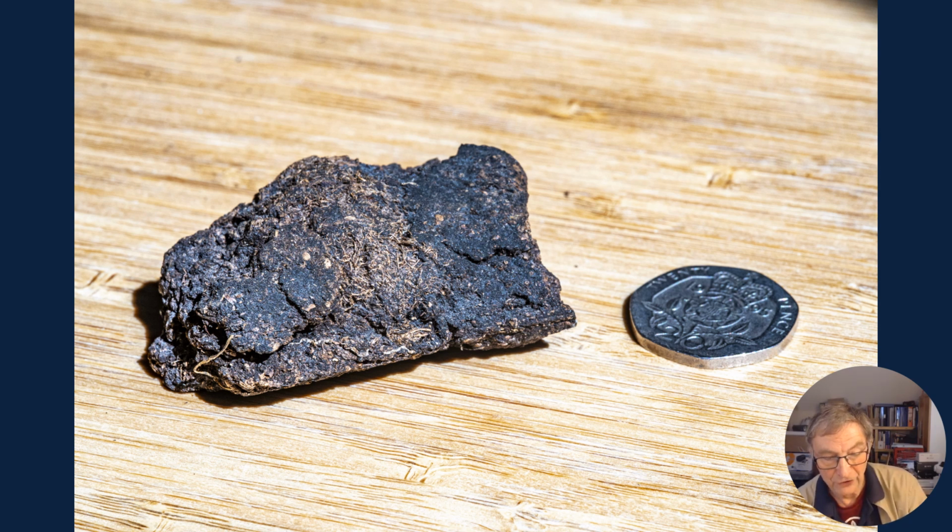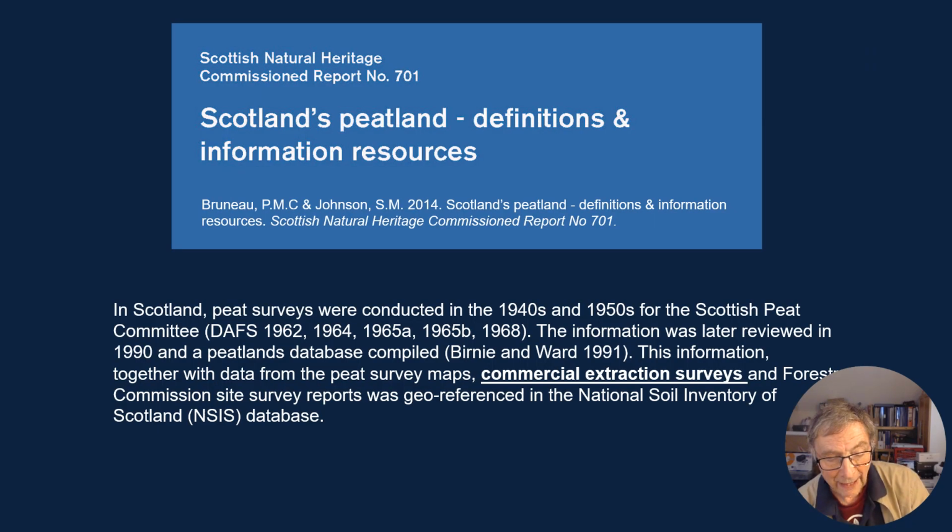Definitions and classification systems are always devised for a purpose, and after World War II, the UK economy was in terrible shape, so natural resources capable of being economically exploited were a high priority. As this 2014 Scottish Natural Heritage Report summarises, the Scottish Peat Committee was established in the late 1940s to, amongst other things, identify areas suitable for commercial peat extraction.